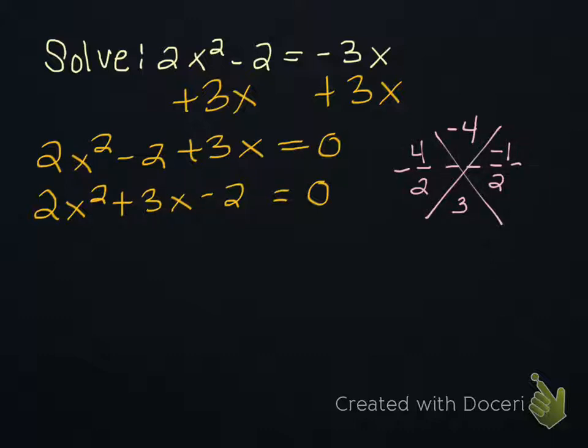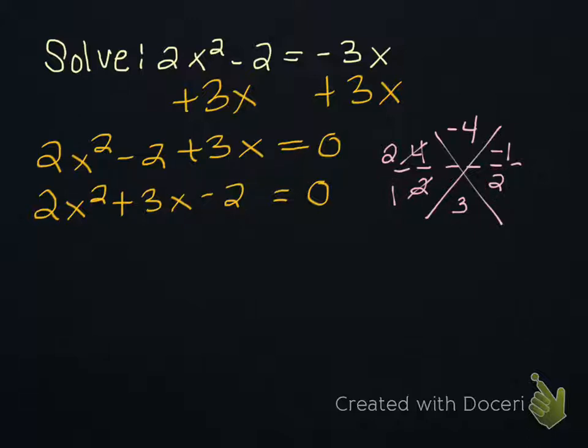So checking the first fraction, 4 over 2, that reduces to 2 over 1. So I remove a 2 from each one. And then negative 1/2 can't reduce anymore. So I've got the coefficient of x in the denominator and the constant term in the numerator.